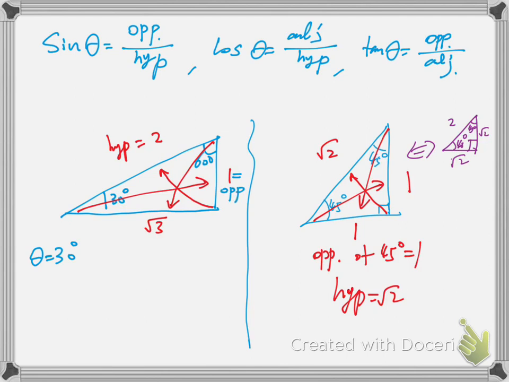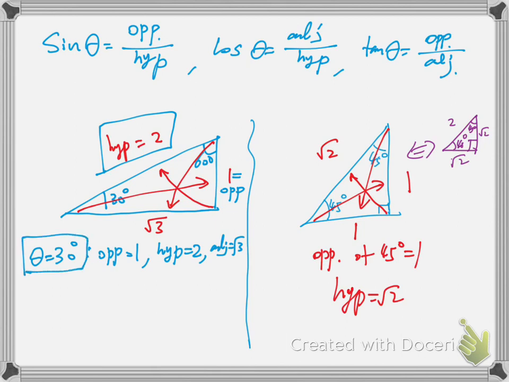The hypotenuse doesn't depend on whether you look at 30 or 60, so the hypotenuse is 2 and the opposite is 1. The adjacent side has to be radical 3. So for this angle 30: opposite 1, hypotenuse 2, adjacent radical 3.